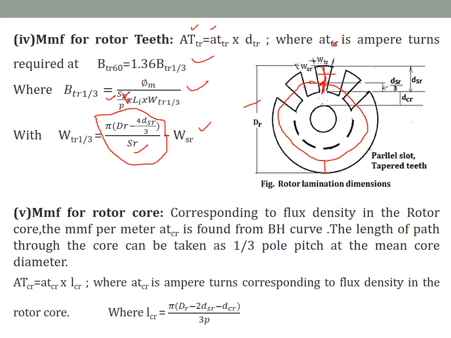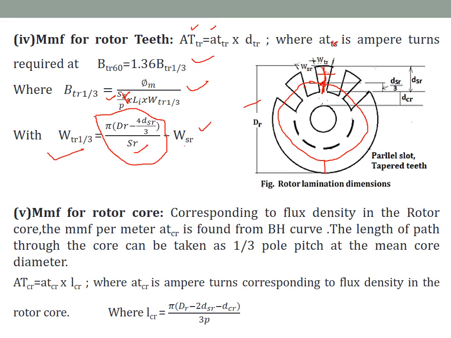So this is dr minus 2 times 2 dsr by 3, that's why 4 dsr by 3, minus WSR. So this will give the width of the rotor tooth at one third height.